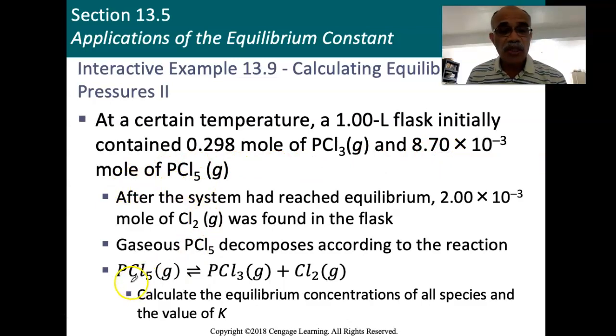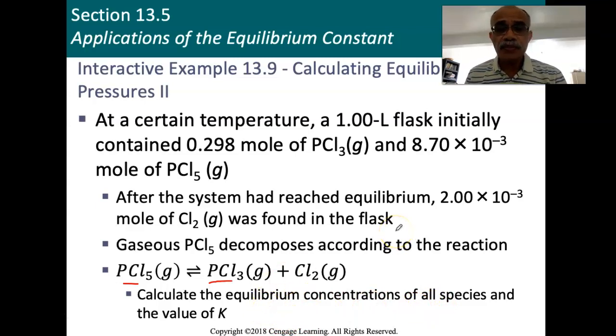So you're given the initial quantity of these two species, and for this one, there is none at the beginning. It says calculate the equilibrium concentration of all species and the value of K.